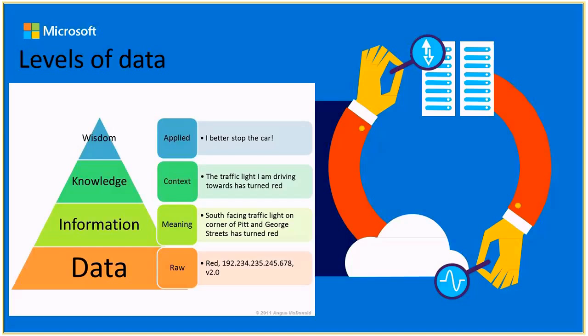So it could be wisdom, knowledge, information and data. So it's about what type of data you want to take as an input. Data is raw data, like I got an IP address. Then I convert that into information, I convert that into knowledge, or I convert that into wisdom. Finally, what I have to really do with the data is, I'd better stop the car when I see this, right? So that's the final objective, right?